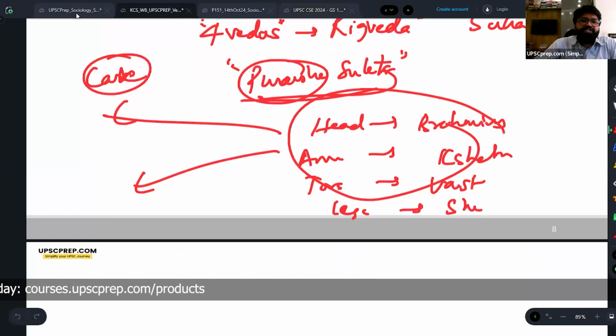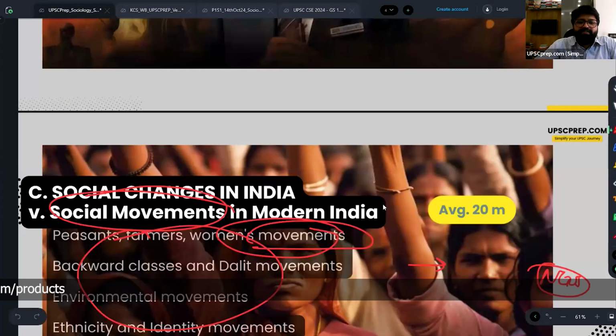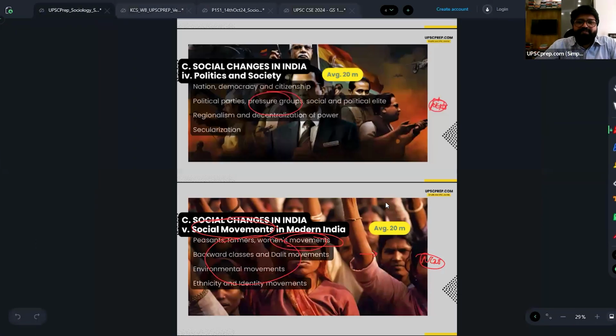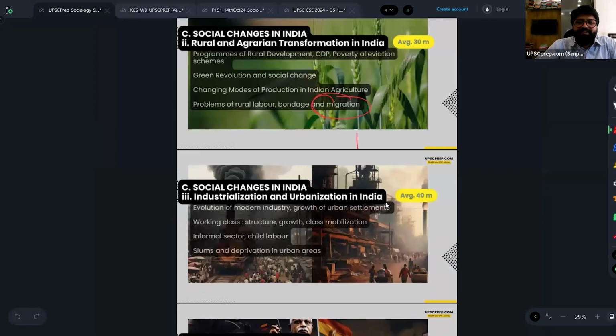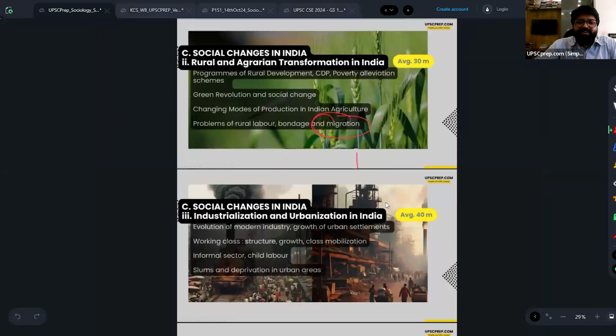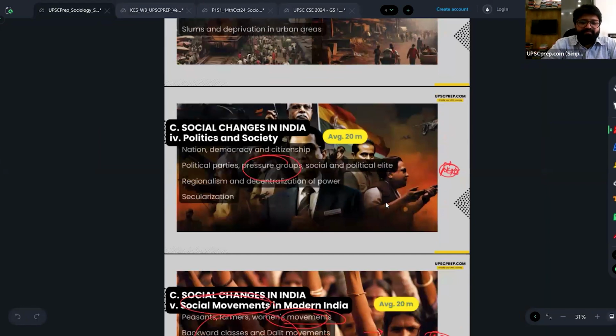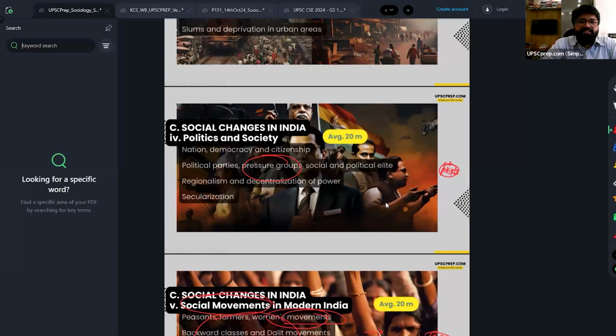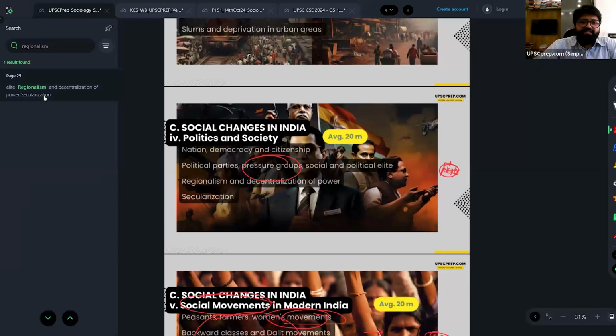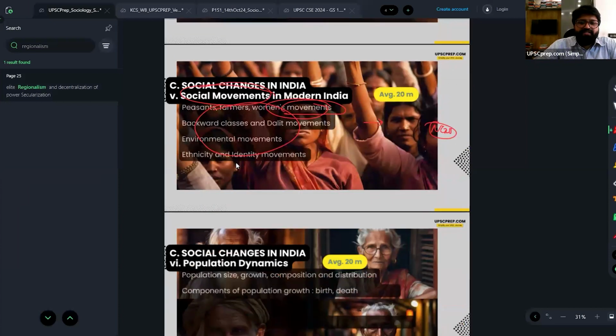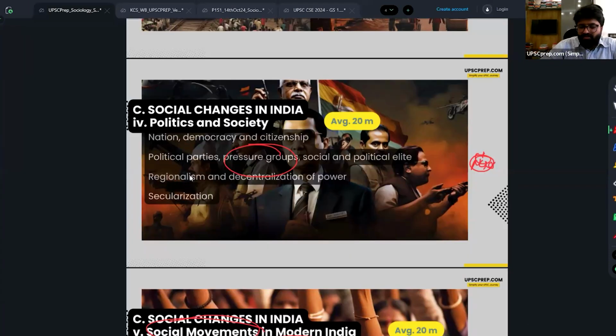Tell me, where is it mentioned in the syllabus? Which item? Let us look at the syllabus. Let me directly search regionalism. Is regionalism mentioned somewhere? Yes, here it is. Regionalism, decentralization of power.